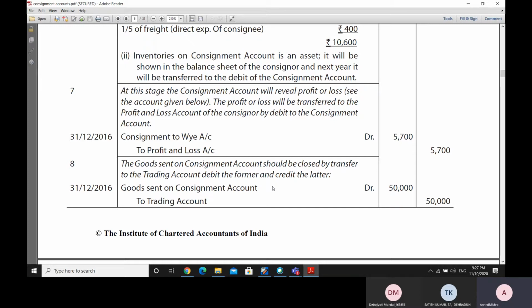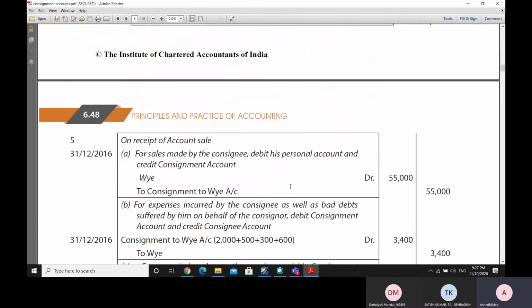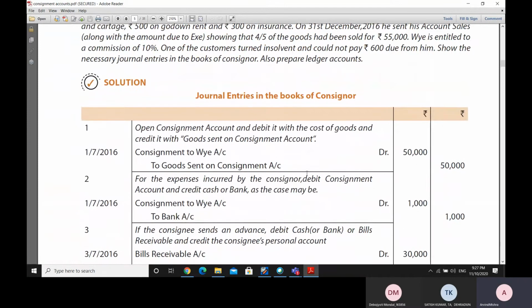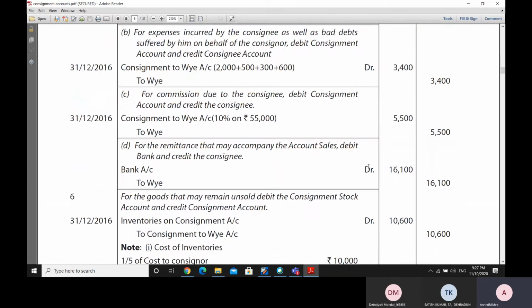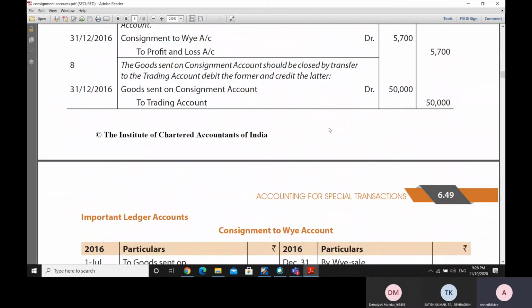So by debiting the goods sent on consignment account, the account is therefore squared up, because the initial entry was the credit in the goods sent on consignment account, as you can see here. The same amount is being debited here to close this account now, and the credit is going into the trading account of this amount of 50,000 rupees.